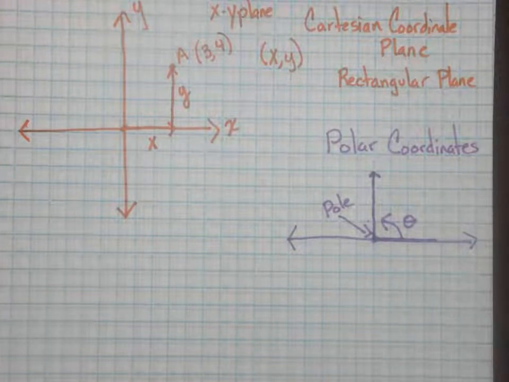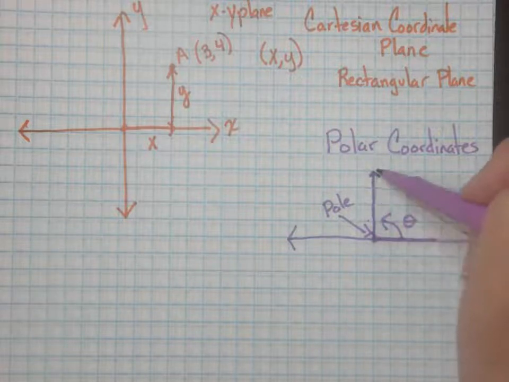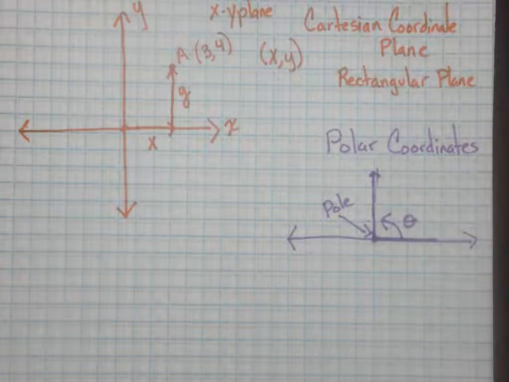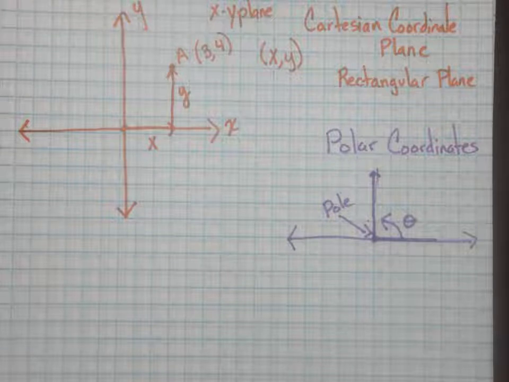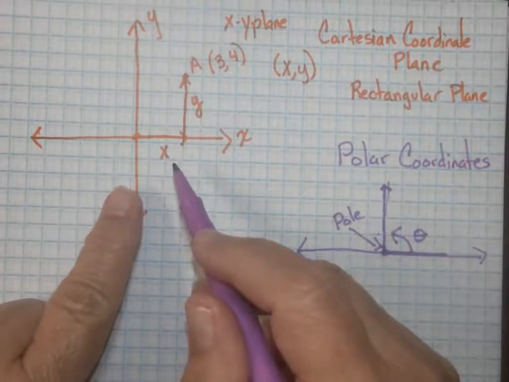Well, that idea of having a directional angle and a length, that's exactly what we did with vectors, right? Because vectors have direction and magnitude. So I love polar coordinates because it kind of brings together all this math stuff that we know. So back to my coordinate plane.